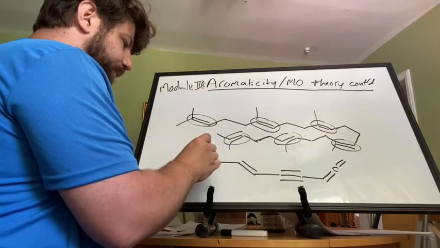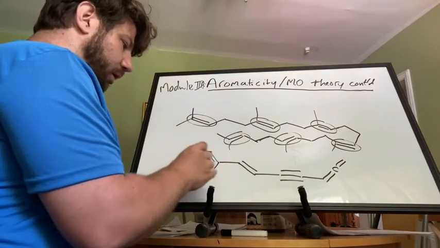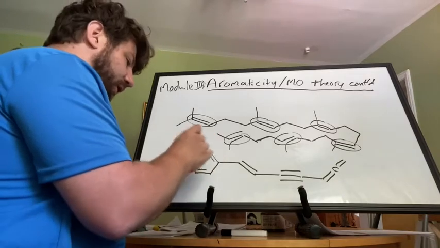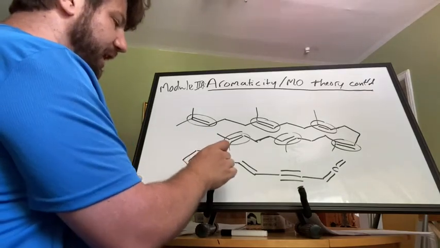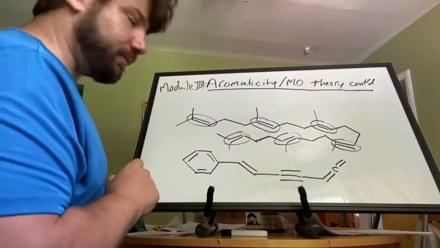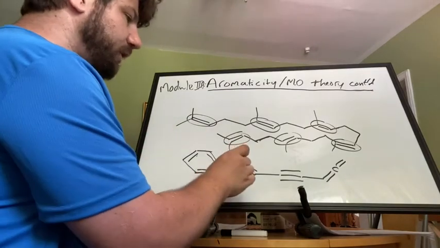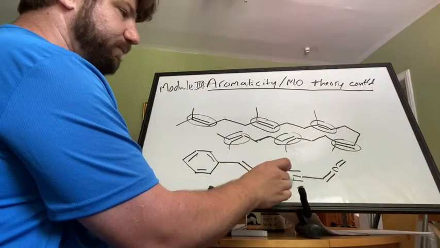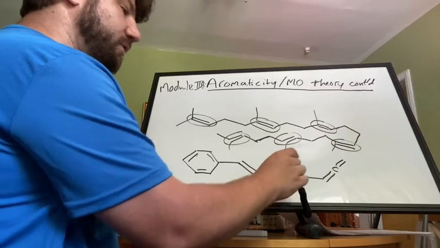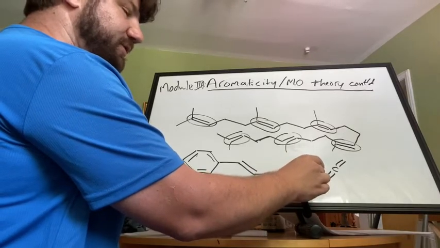Okay, so we have all these electrons, which are actually all part of the same construct, and they're also conjugated to this trans alkene. Okay? Are they also conjugated to this? Yes. Are they also conjugated to this?